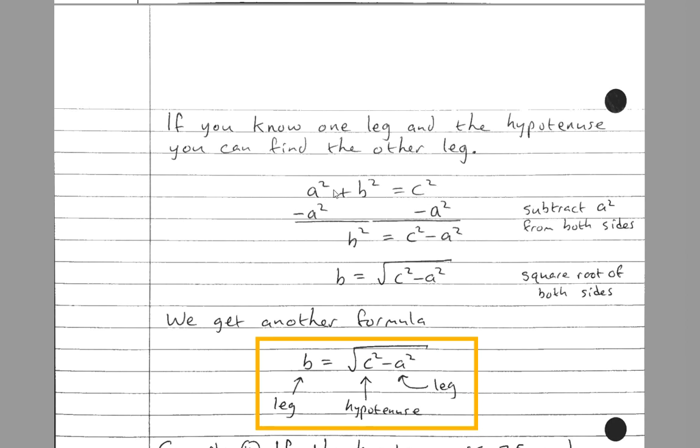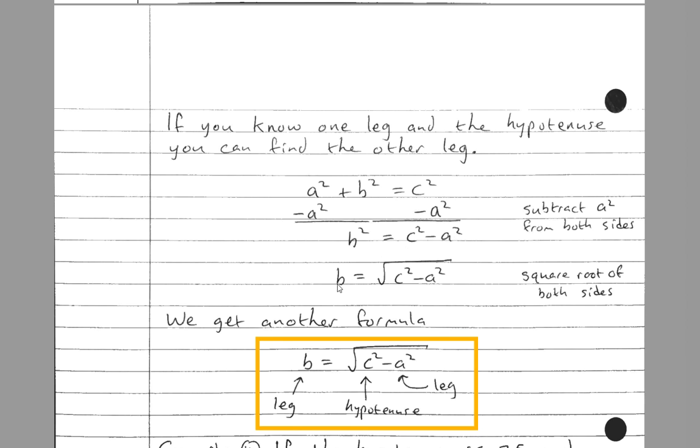Okay, so here's the Pythagorean theorem again. a squared plus b squared equals c squared. And we just want to rearrange this equation. If this is true, then subtracting a squared from both sides, we get another true equation: b squared is equal to c squared minus a squared.